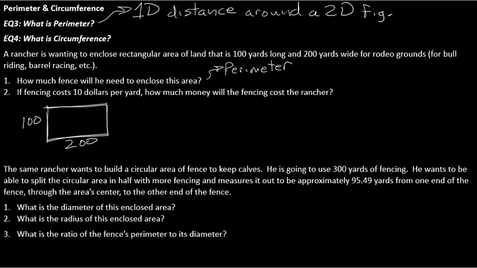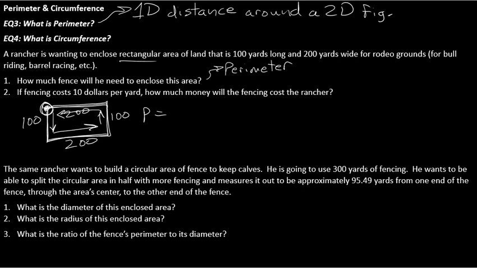So if this is indeed a rectangle, that means this side is also 200 and this side is also 100. So our perimeter is simply equal to the distance from here all the way around back to here where we started. Okay, so that would be 100 plus 200 plus 100 plus 200 again.